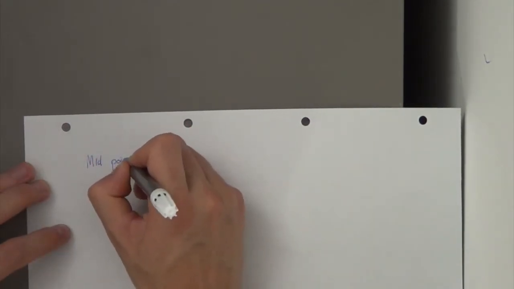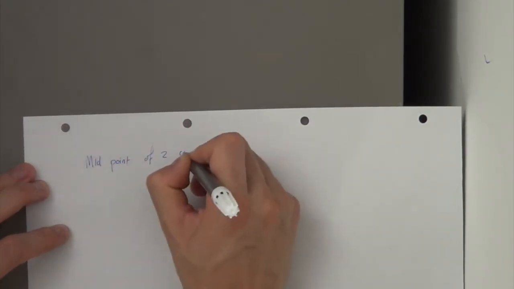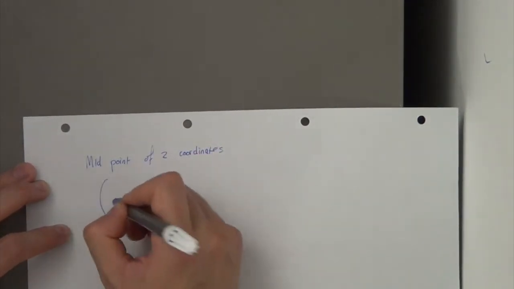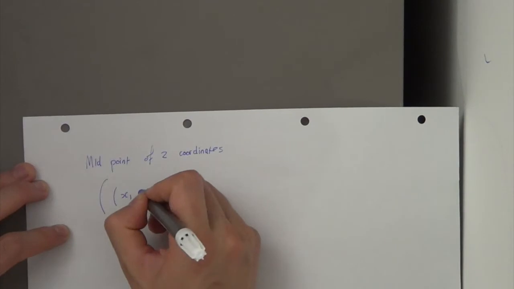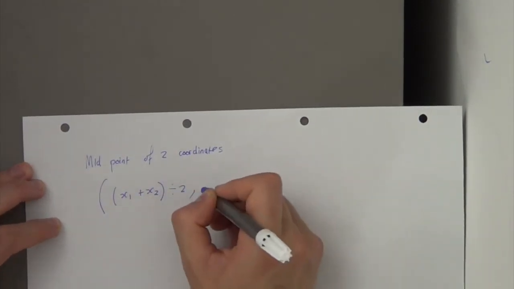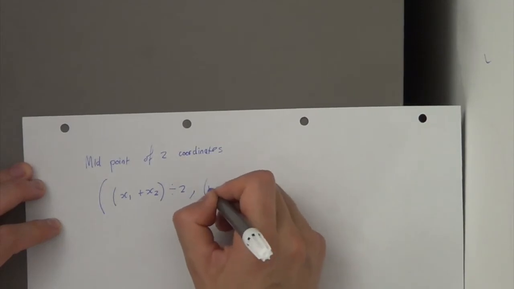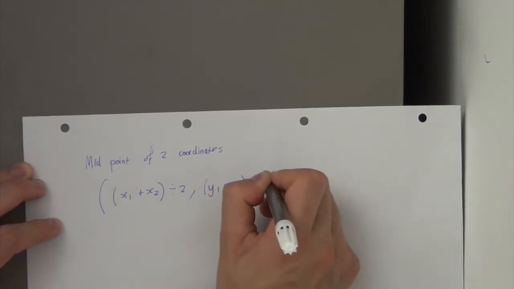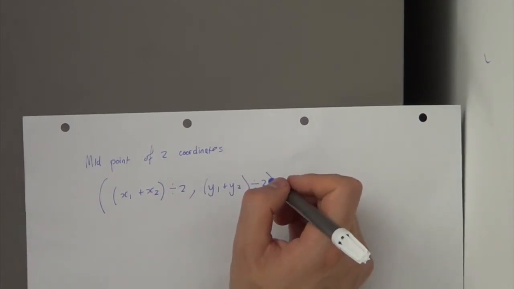To find the midpoint of 2 coordinates, we do x1 plus x2 divided by 2 to give us our first midpoint. Then we do y1 plus y2 divided by 2 to get our next midpoint.